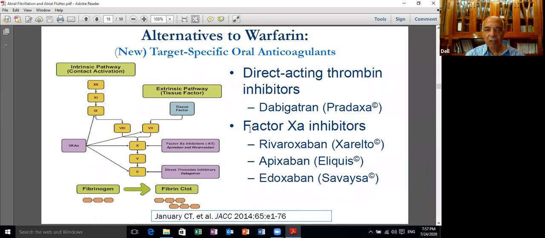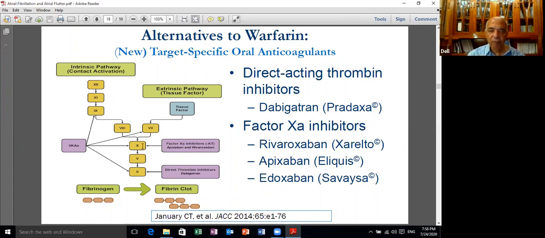And the introduction of the so-called novel anticoagulants several years ago, now almost 10 years ago, so they are no longer novel, you might call them the direct-acting anticoagulants, antagonizing factor 2, dabigatran, or factor 10, rivaroxaban, apixaban, edoxaban, and betrixaban. Betrixaban so far is not approved for atrial fibrillation.